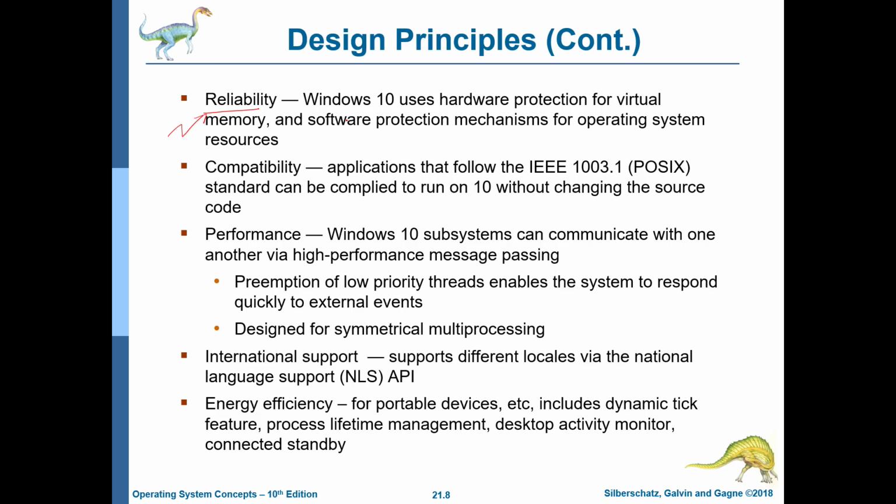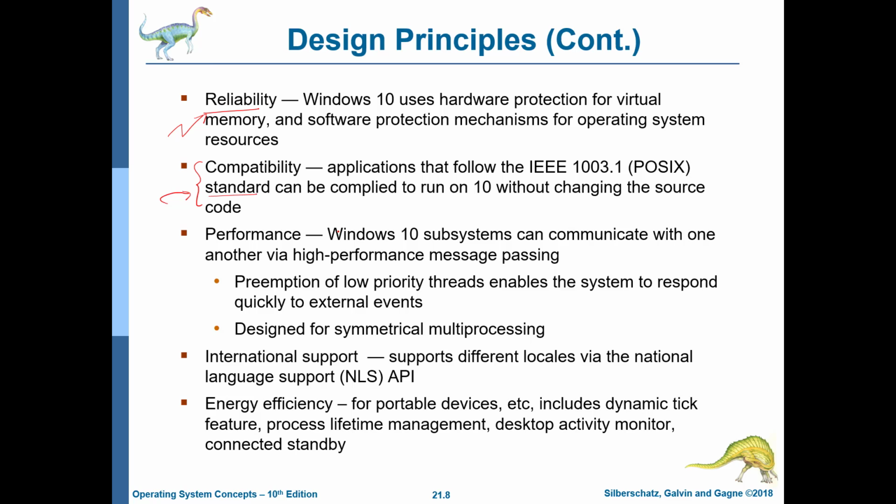So it uses hardware protection for virtual memory and software protection for OS resources. It is compatible with the POSIX standard, and it can compile and run any code which is compliant with POSIX, which basically ensures at a high level that Windows code and Unix code are, forgetting about the libraries, quite compatible.